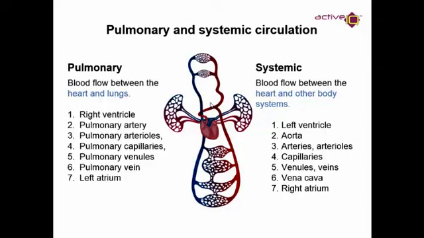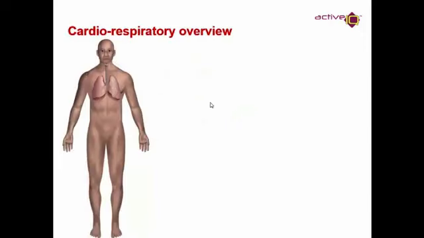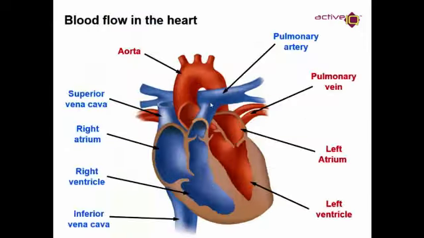Okay. After that, we'll go to the pulmonary vein, and then we'll come to the left atrium, and that's the whole pulmonary system. So if we went back to look at it again, let's have a look. Okay, so we know that we're starting here. We're coming in, and we're going out through the pulmonary artery.